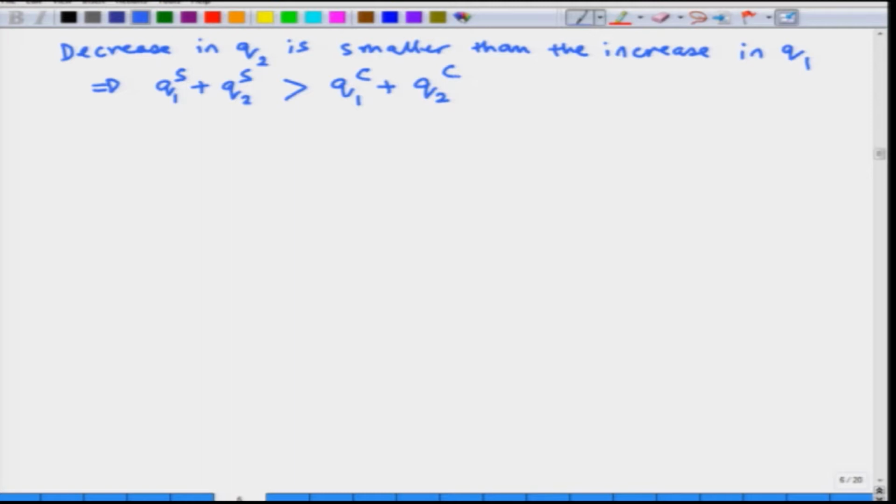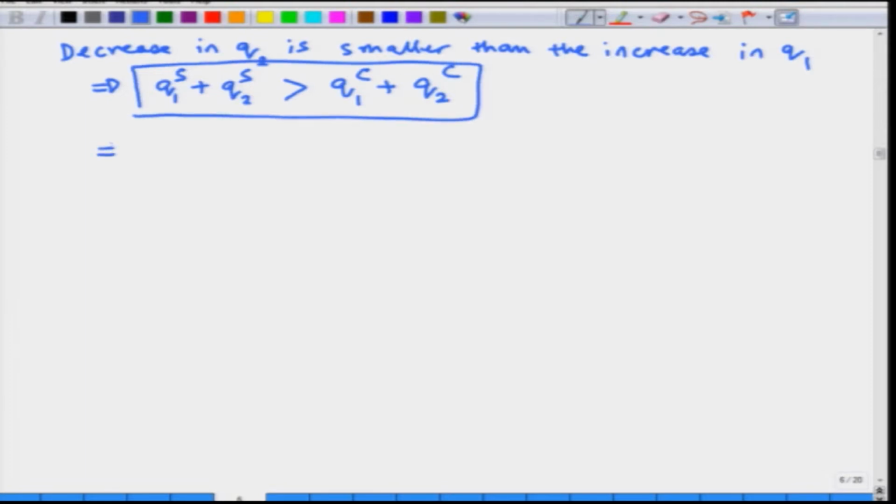So, while it is not directly obvious that the total output has gone up, we can reason it out by looking at the best response function for firm 2. The fact that Q1S is greater than Q1C leads the output for firm 2 to go down, but looking at the slope, we can conclude that the decrease in Q2 is smaller than the increase in Q1, which must mean that total output would have gone up.